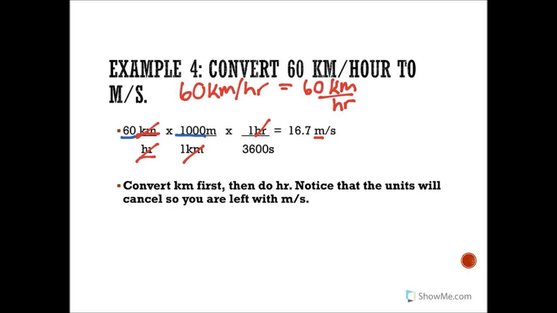So that would be 60,000 divided by 3,600, because we have 1 hour times 1 times 3,600 on the bottom, and if we divide those two, we would get our answer here, 16.7 meters per second.